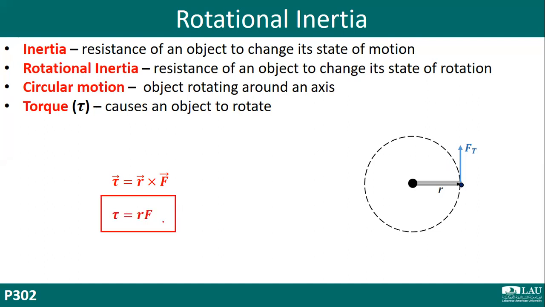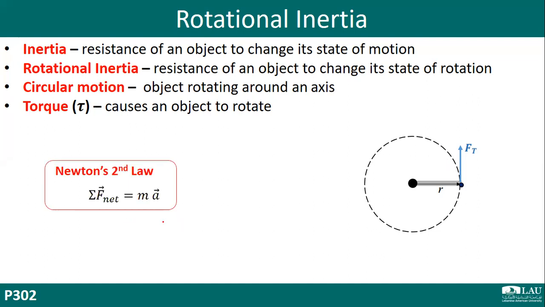Now, how does the rotational inertia relate to Newton's second law? In fact, rotational inertia takes the place of the mass in the expression of Newton's second law. We know that the summation of the forces acting on an object equals ma.